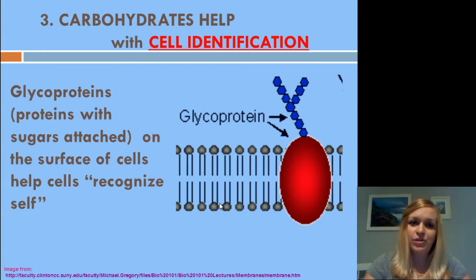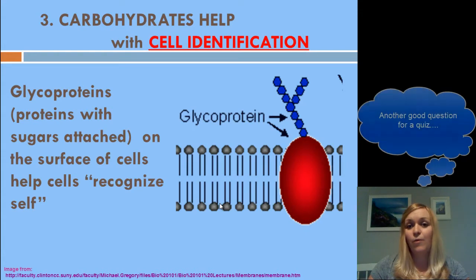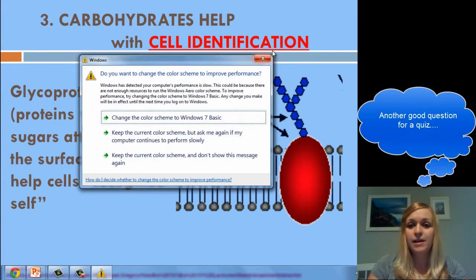Okay, last function of carbohydrates, they help with cell identification. Now, this is one that you might not have thought of, but we have something called glycoproteins in our bodies, and these are embedded in the cell membranes of our cells, and they help our cells to recognize self, which means they can recognize whether or not that cell should be in the body or not.